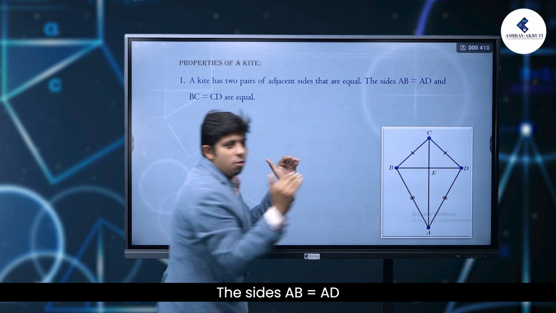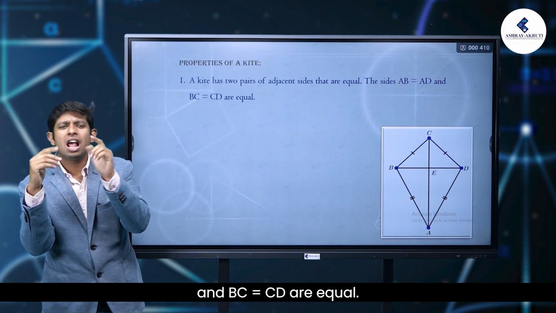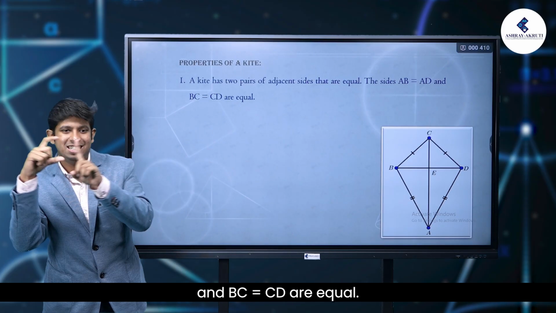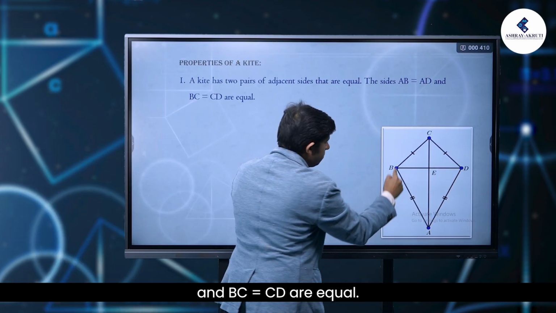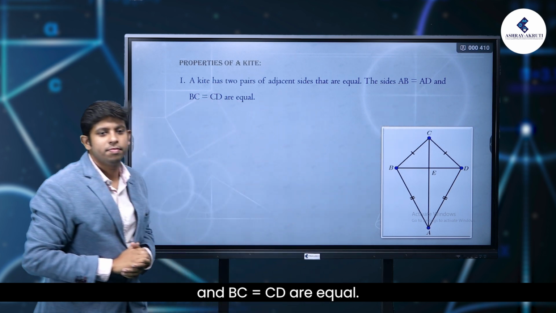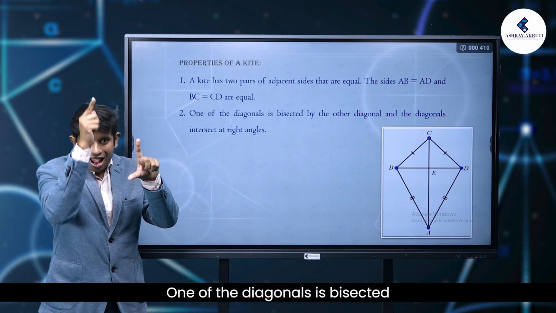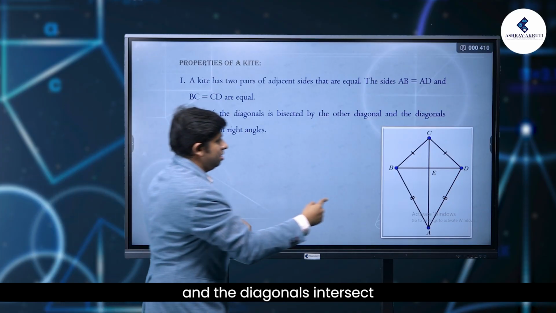The sides AB equals AD and BC equals CD are equal. One of the diagonals is bisected by the other diagonal and the diagonals intersect at right angles.